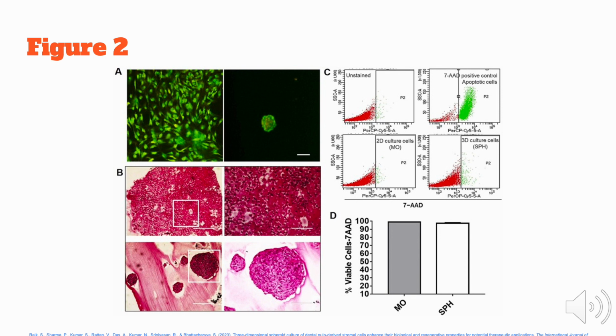The right side of image C shows us what dot plot images representing stained healthy 3D spheroid cells look like when analyzed by flow cytometry, so that should we choose to verify that we have healthy 3D spheroid cells through flow cytometry, then we know what healthy 3D spheroid cells look like and can verify that our samples are healthy. The final image, image D, just shows us that staining our cell population in the case of both monolayer and spheroid cells doesn't kill any of the healthy cells.